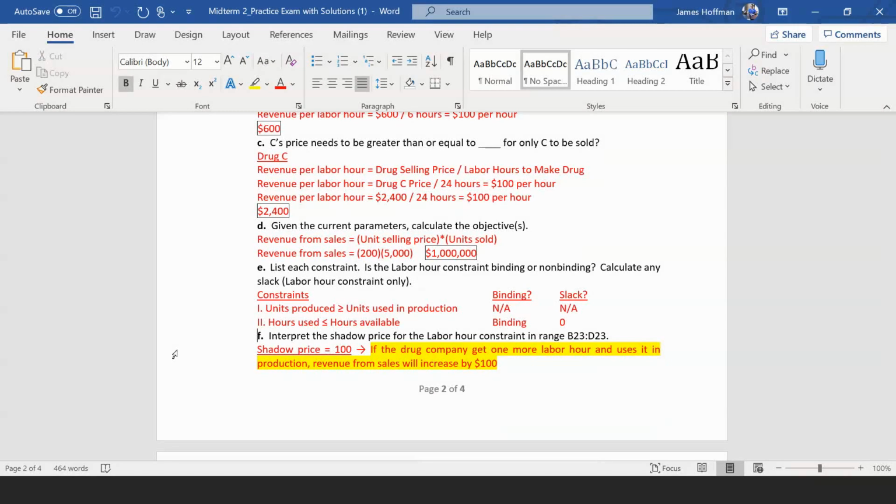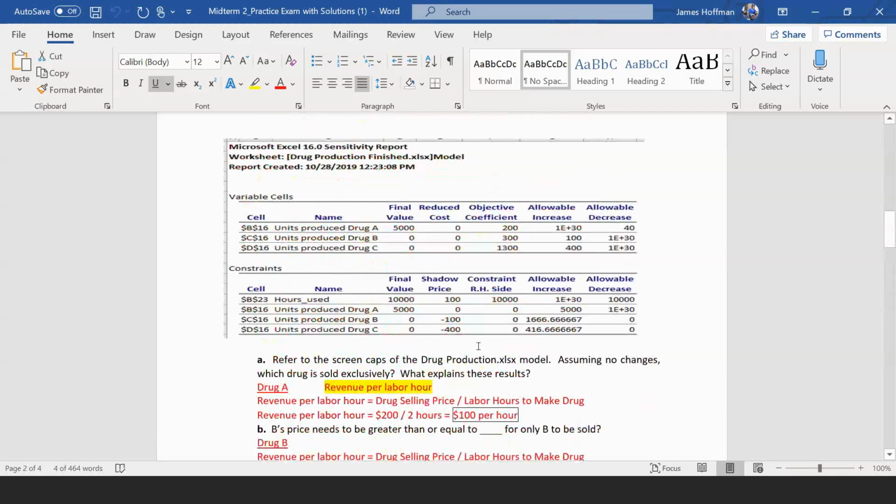All right, then finally, let's answer question F about the shadow price of the labor hour constraint. So let's interpret the shadow price for the labor constraint in range B23 to D23. Okay, so you'll get a screen cap of the sensitivity report, and all you need to look at in this entire report is the shadow price for the labor hour constraint.